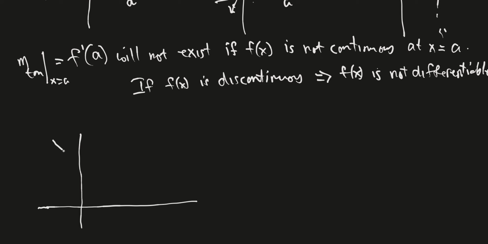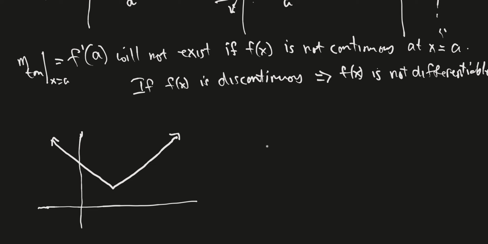So for instance, let's say you have one of those piecewise linear functions. It's like your absolute value that comes to a sharp corner like this, right? So it's those v-type functions, assuming they open up like this.